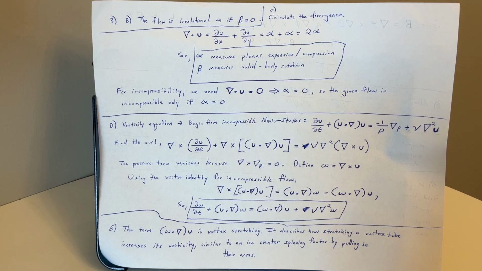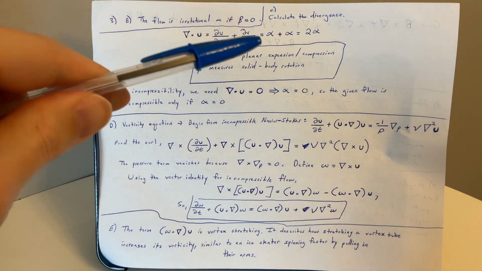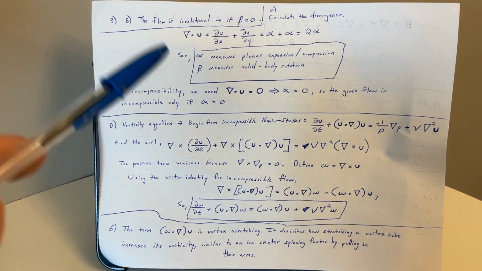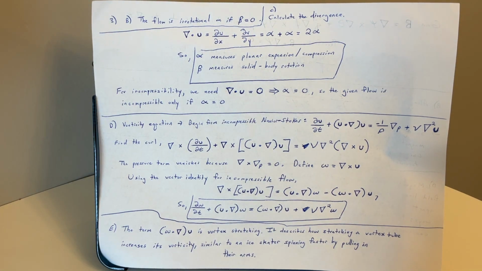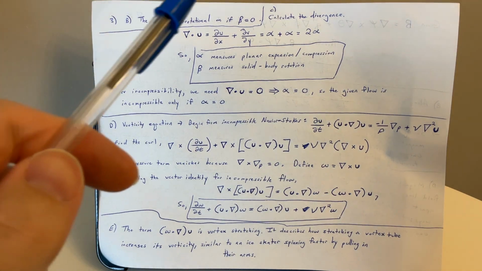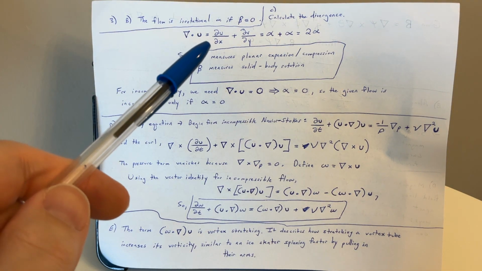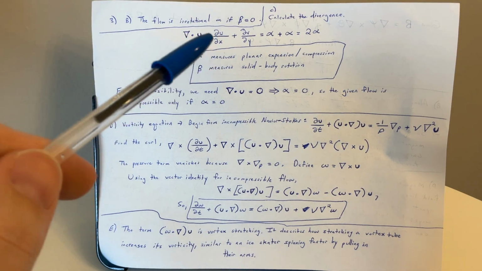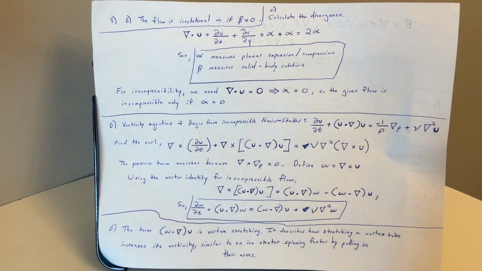Now, for part C, we want to interpret physically the roles of alpha and beta. So we want to think about calculating the divergence. del dot u, du/dx partial plus dv/dy partial, equals alpha plus alpha, which gives 2 alpha.